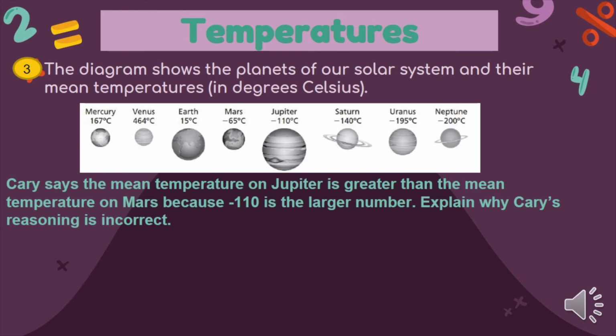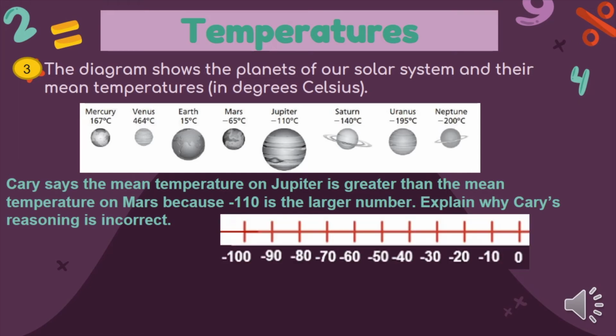Remember what we discussed about number lines? The negative number that is closer to 0 will be the larger number. So looking at the mean temperature on Mars, which is negative 65, and Jupiter, which is negative 110, let's decide which one is closer to 0.